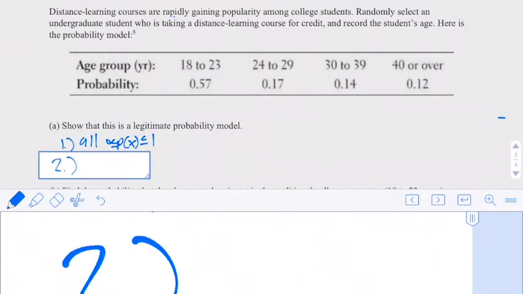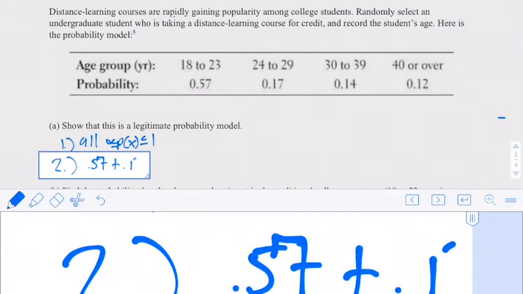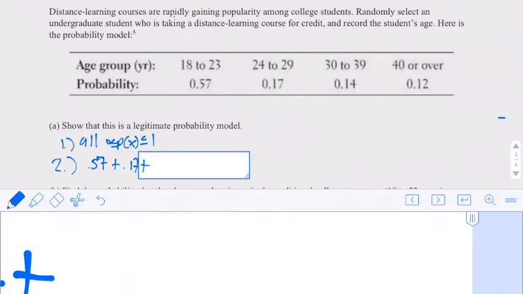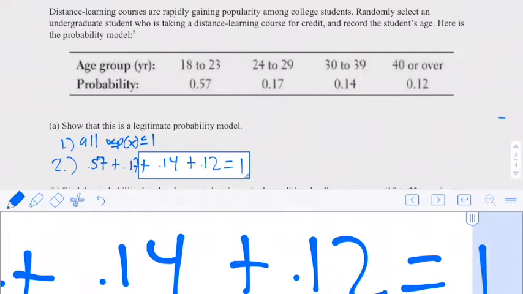And 2, we need to show that all probabilities add up to 1. So 0.57 plus 0.17 plus 0.14 plus 0.12 add up to 1.